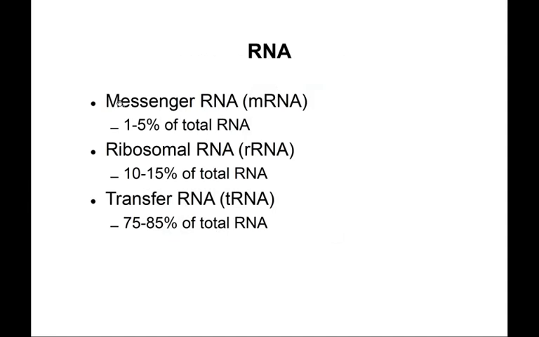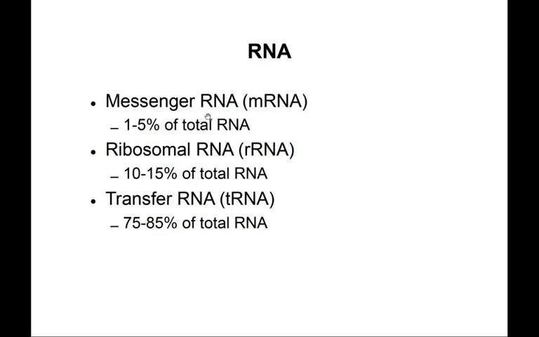I already mentioned earlier, if we have an RNA sample and extract total RNA from cells or tissues, most of the RNA is actually ribosomal RNA. The ribosomal RNA should be roughly 75 to 85% of the total RNA, and transfer RNA would be 10 to 15% of the total RNA.